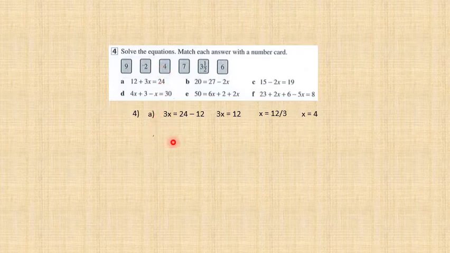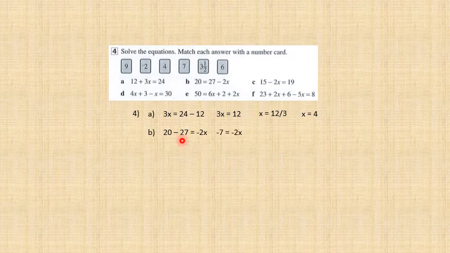In question B, I have to get rid of the 27 because it's the furthest from x. Here's positive 27. I'm taking the number with its previous sign. So by using the inverse operation of positive 27, it's going to be on the other side with negative 27. So 20 minus 27 equals negative 2x.